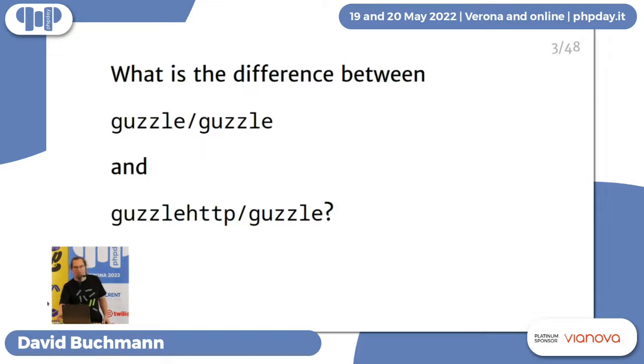Who was around to remember what the difference between Guzzle and Guzzle HTTP/Guzzle is? It was just a new major version, and before they released it, they realized everybody's using Guzzle, and everybody who provides a library that gives you access to some service is using Guzzle, so they require Guzzle.